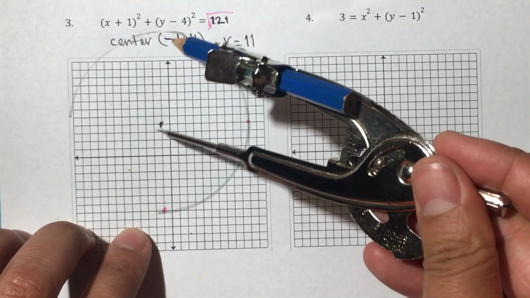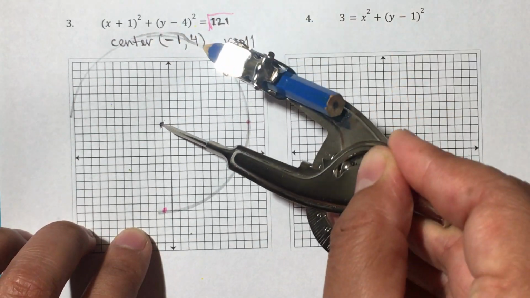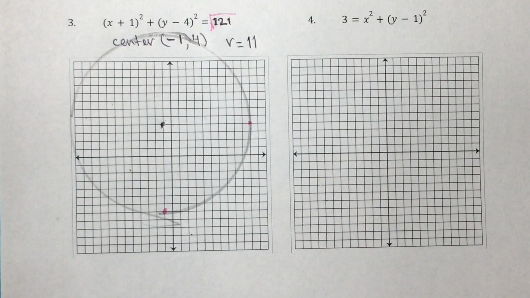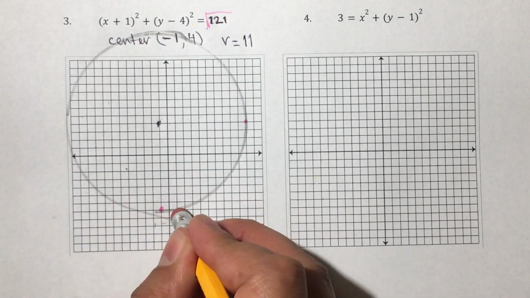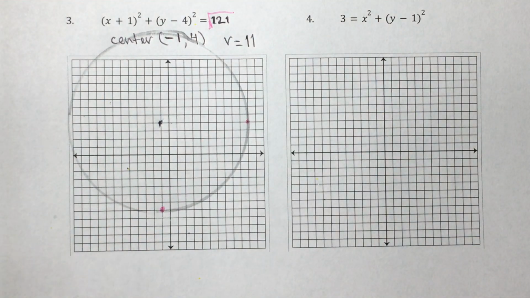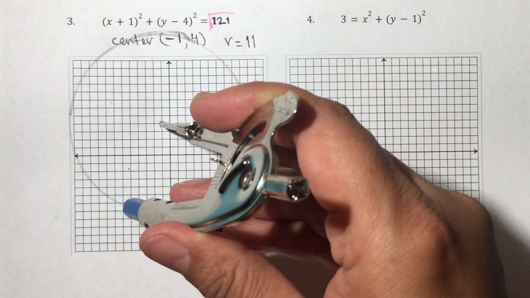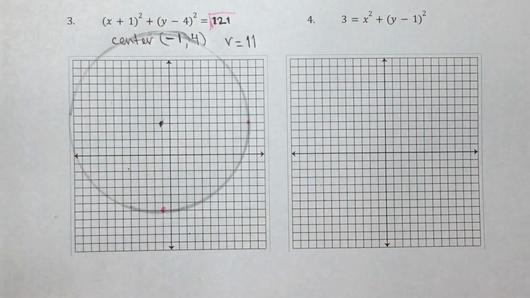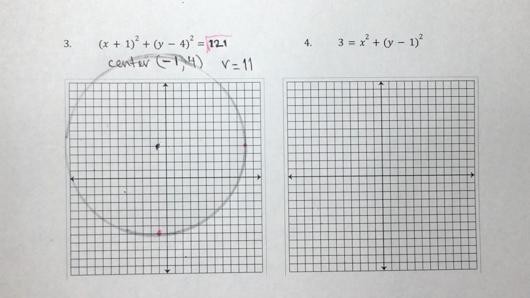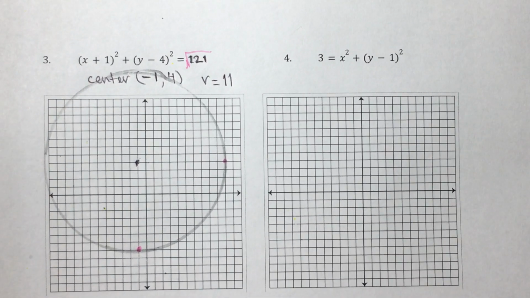See? Not my fault. I'm just kidding. Yes, take the time to erase it, please. There you go. So that will be my circle for number 3.